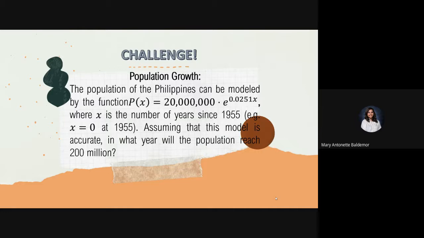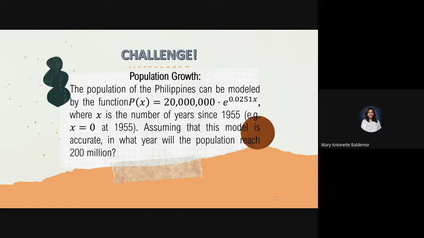Since x is the number of years since 1955, we let x equal 0 at 1955. Assuming that this model is accurate, in what year will the population reach 200 million?